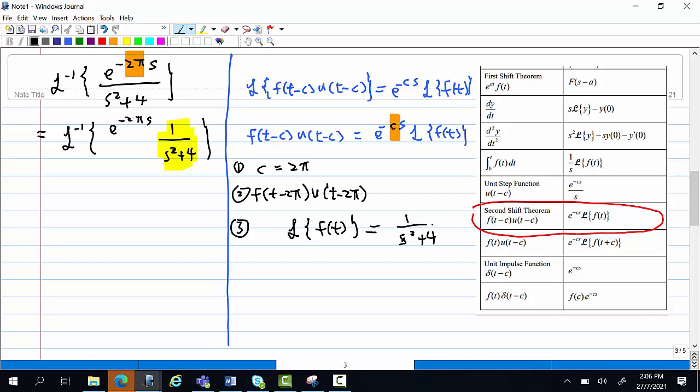From here, we know f(t) is, by using the formula for sine 2t, half of sine 2t, because the Laplace transform of sine 2t is 2 over s squared plus 4. So I must multiply by half to get this one.